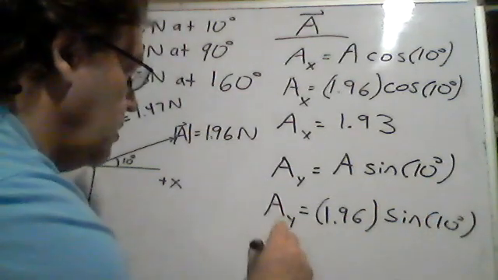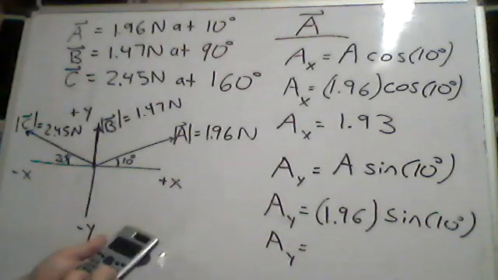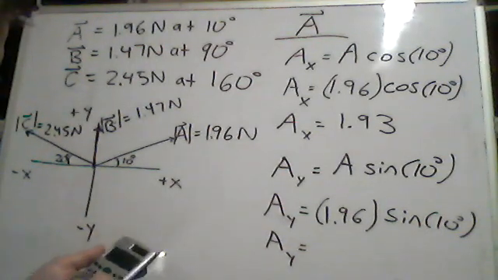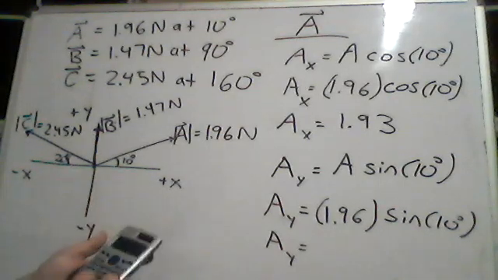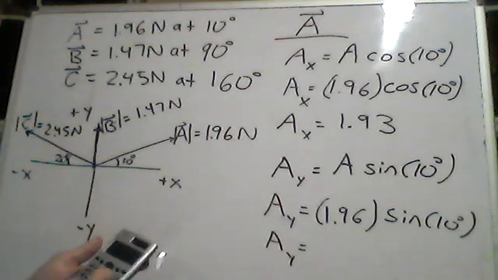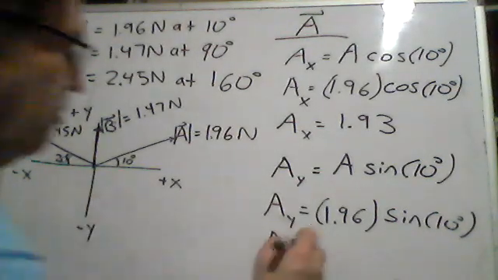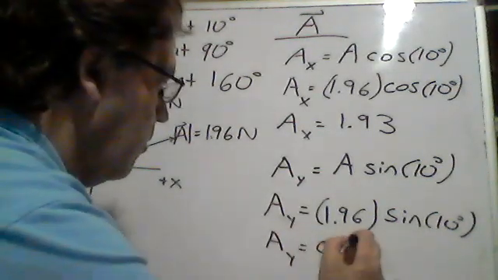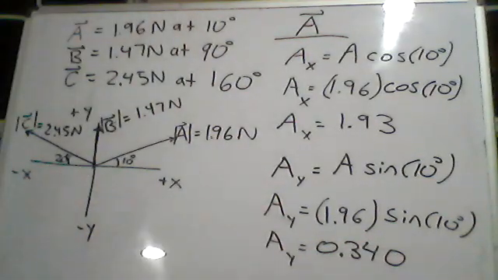I'll do this with you, sine of 10, I get a number like 0.1736 times 1.96, I get 0.340. All right, those are my components.